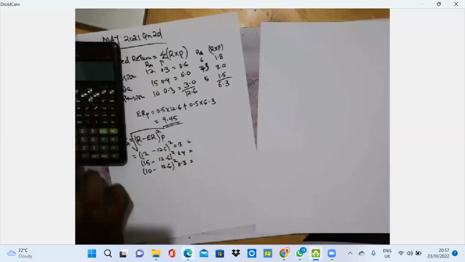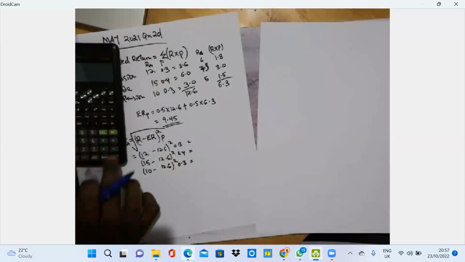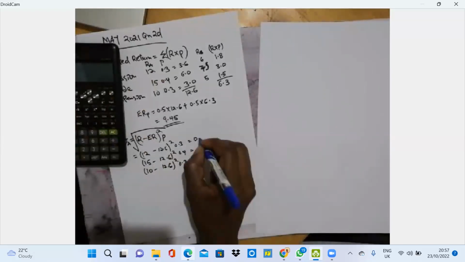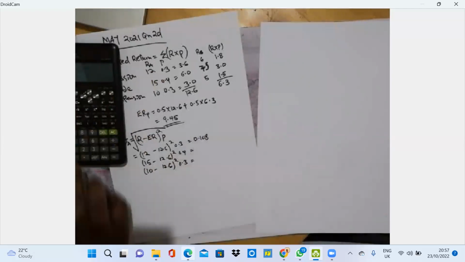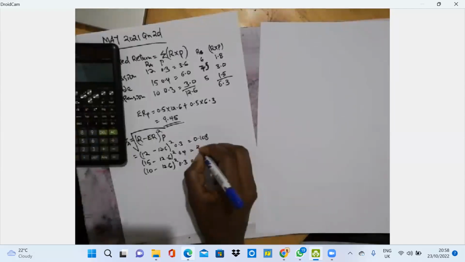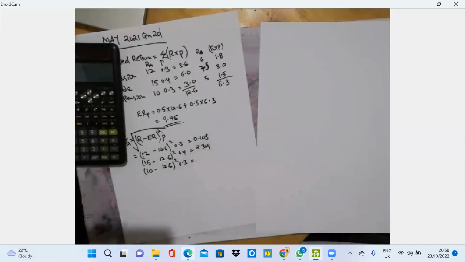So 12 minus 12.6 squared multiplied by 0.3 gives 0.108. Then 15 minus 12.6 squared multiplied by the probability 0.4 gives 2.304.